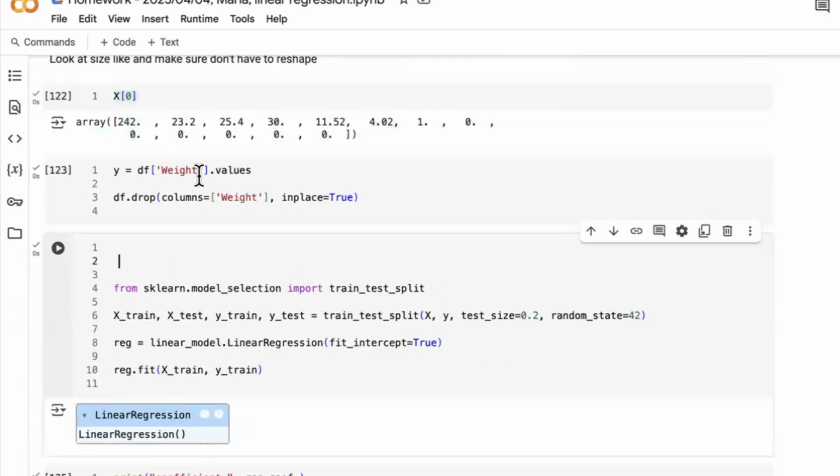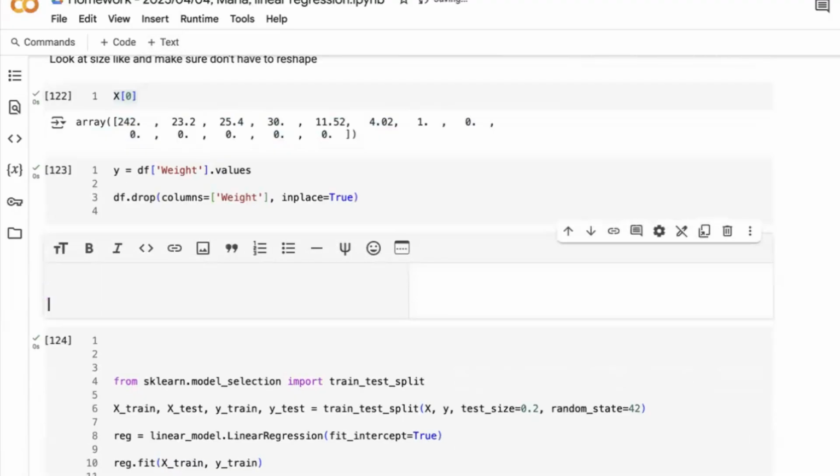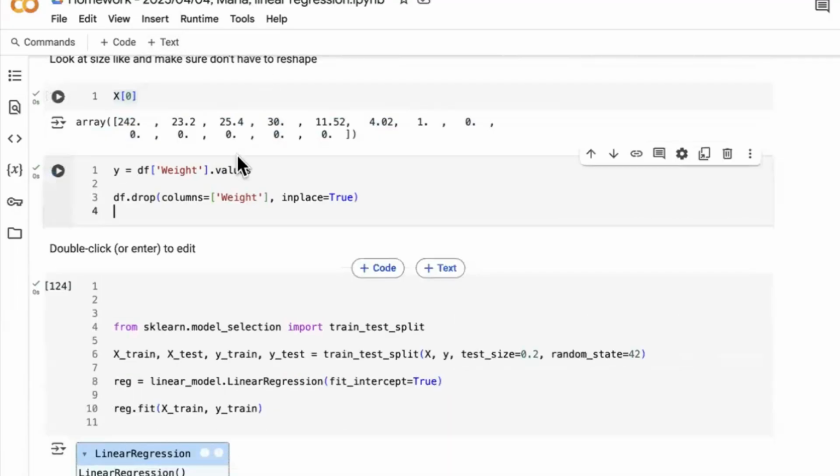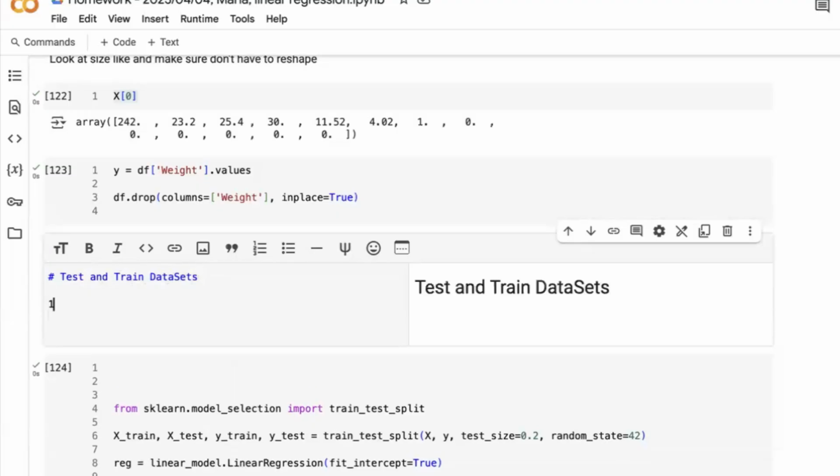Now, here's the important thing that I need to point out. Okay, look. Test and train data sets. The rule is, okay, divide your data into test and train data sets.